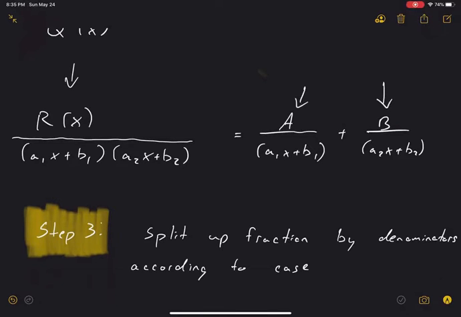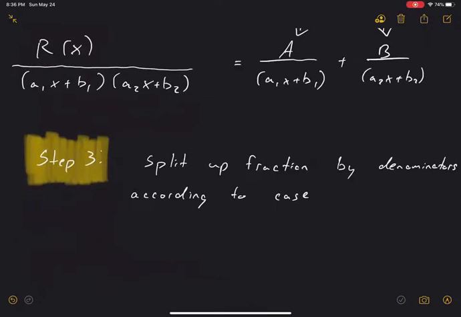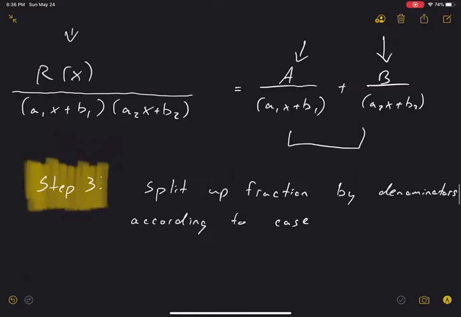These are going to be constants, and we're going to solve for these eventually. So step 3 is what we've done here: I've factored my denominator, and then I write my left side equal to this right side, where I have a constant over each of my factors.